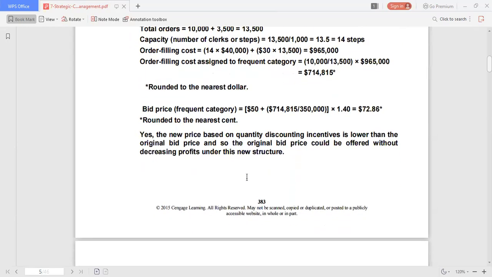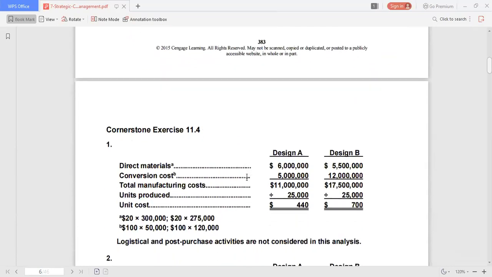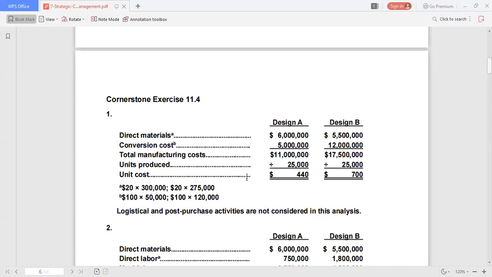So we have now in problem 11-4 or 7-4, for requirement 1, unit-based costing. For direct materials, we have 6 million computed by multiplying 20 by 300,000, and 5.5 million computed by multiplying 20 by 275,000.